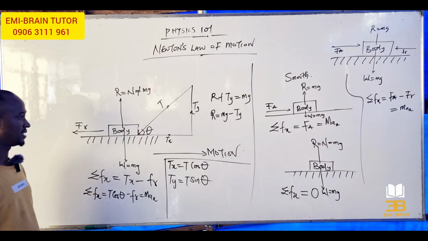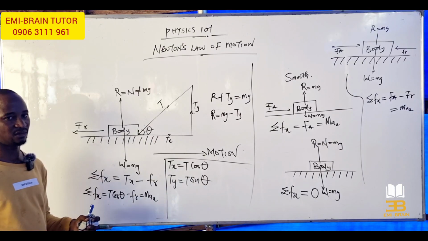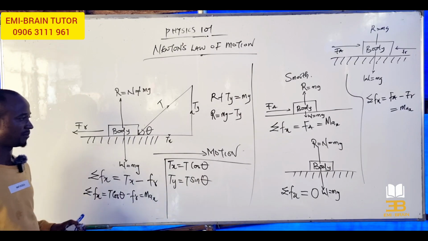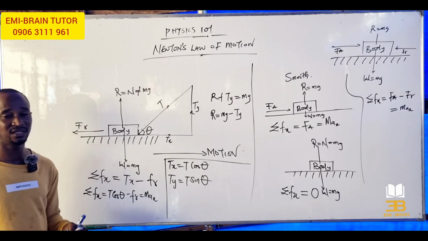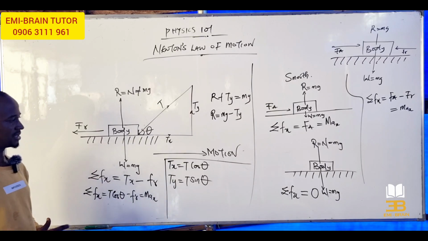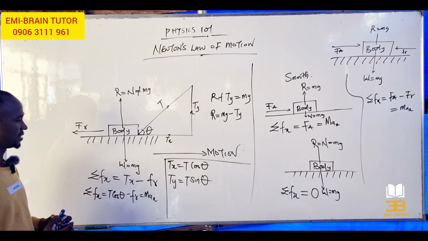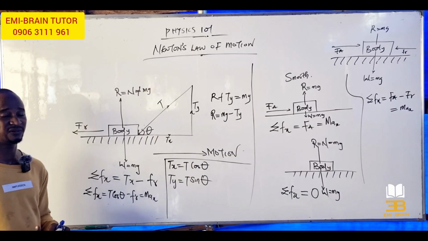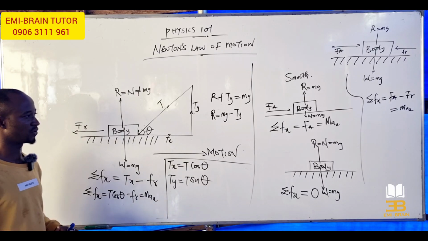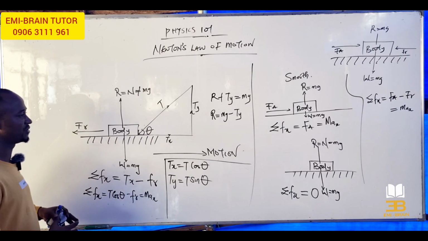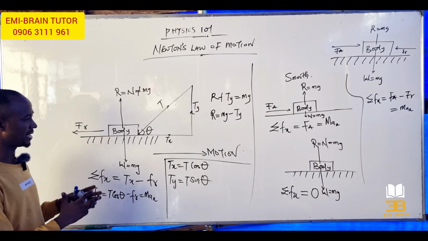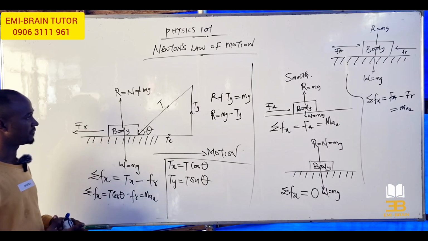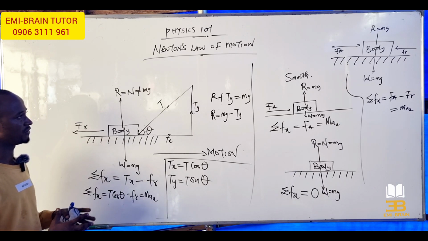I'm going to show us how to find the acceleration of the body with several cases. So these are just some of the applications of Newton's second law of motion I want us to consider. After now, we'll be solving some problems regarding this aspect of Newton's law of motion.